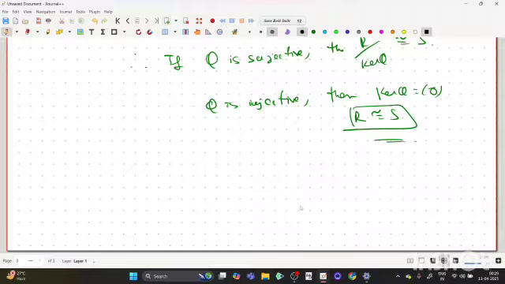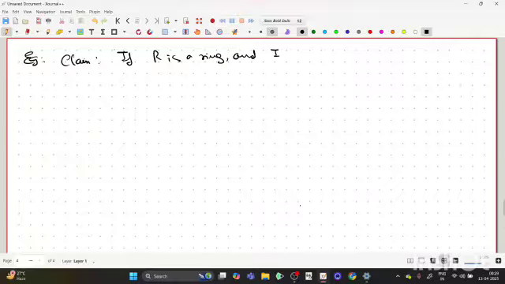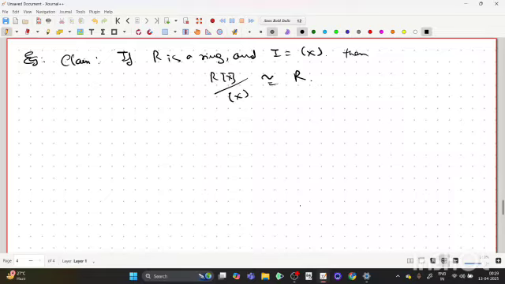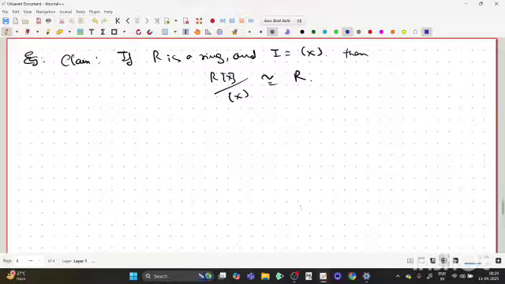Example. Claim: if R is a ring and I is the ideal generated by x, then Rx mod x is isomorphic to R. Is there some way to prove this?